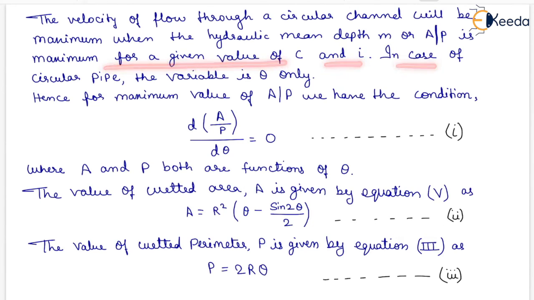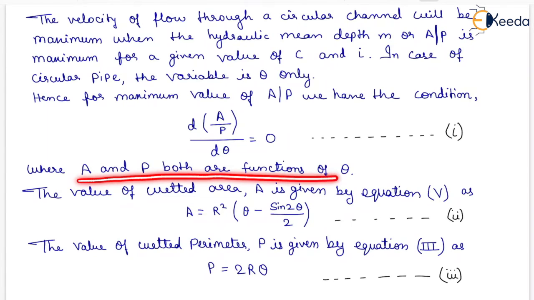In the case of a circular pipe, the variable is θ only. Hence, for the maximum value of A by P, we have the condition d(A/P) upon dθ equals 0, that is the first equation, where A and P are both functions of θ.